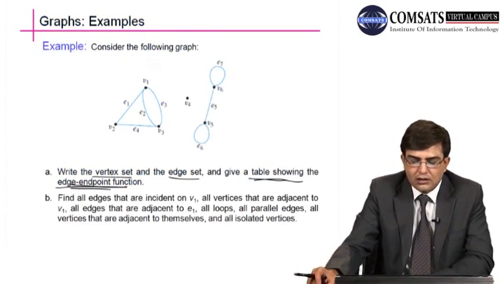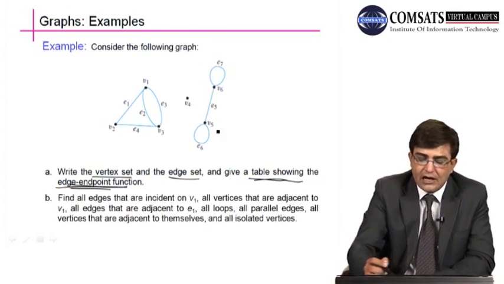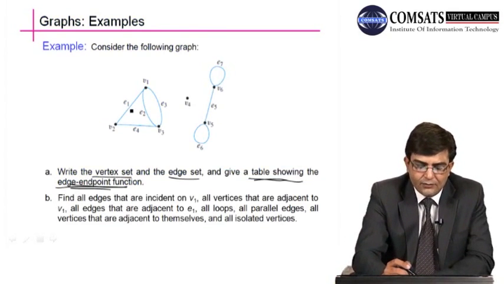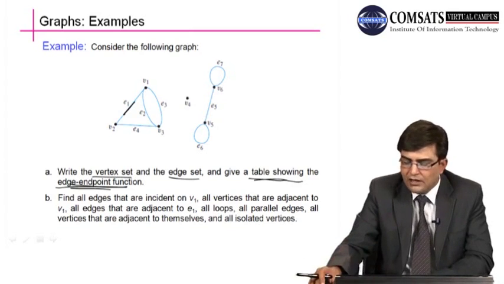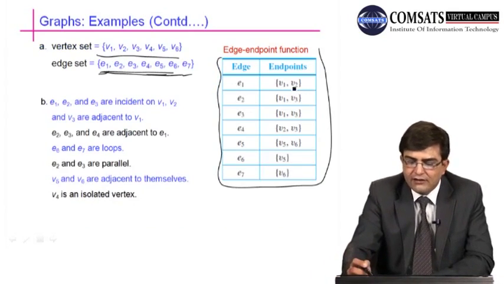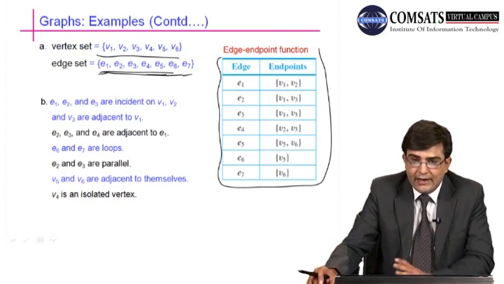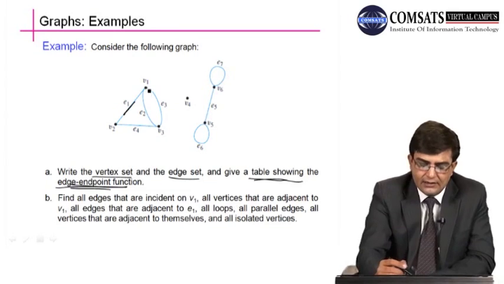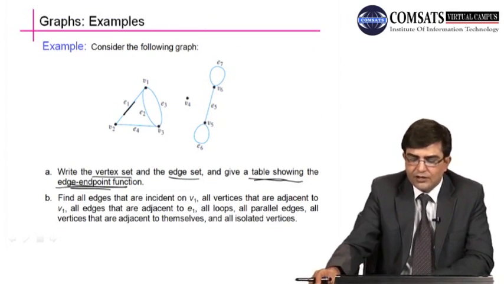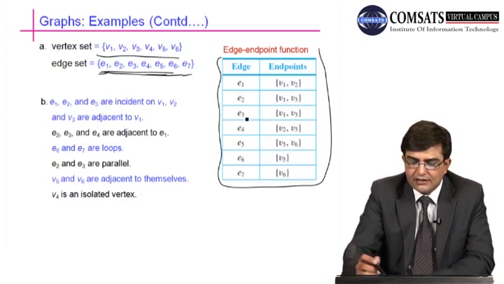We have to look at the graph. The endpoints of E1 are V1 and V2. So we write here V1, V2. These are the endpoints. Similarly, edge E2, its endpoints are V1 and V3. So we write here V1 and V3.